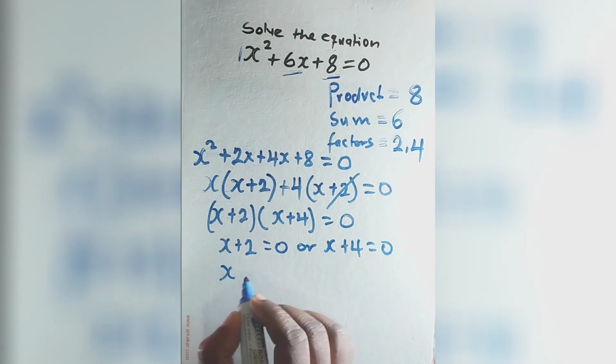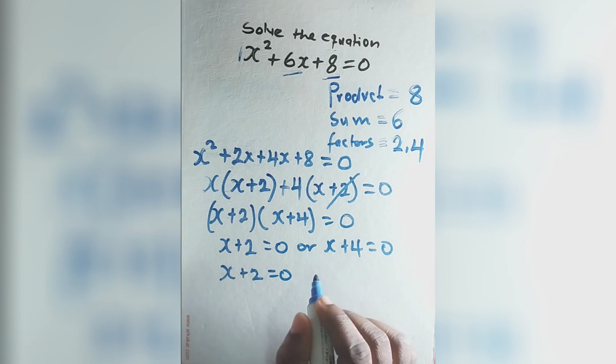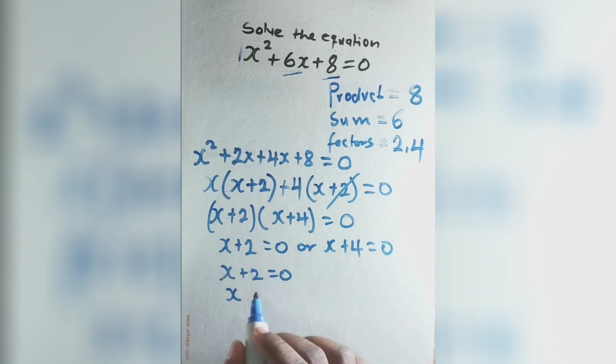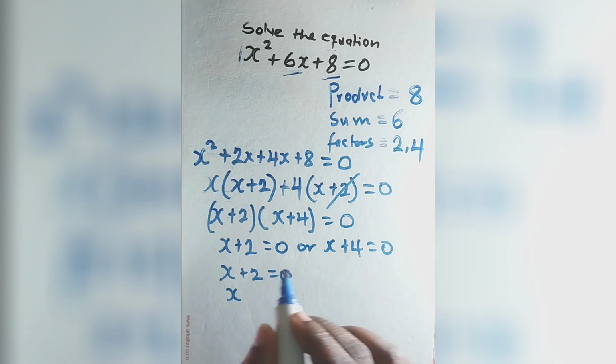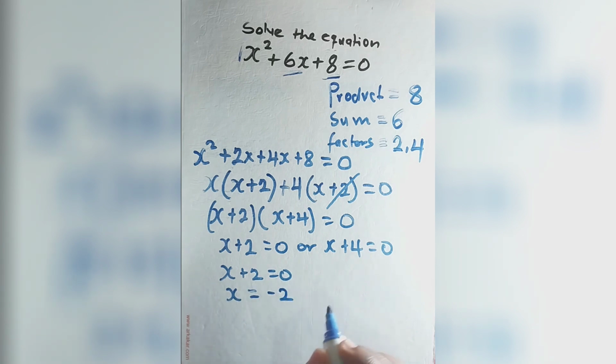So x plus 2 equals 0, we just move 2 to the other side. 2 is positive, so when you cross the equal sign, it becomes negative. So this gives you x equals negative 2. And we do the same to the second one.